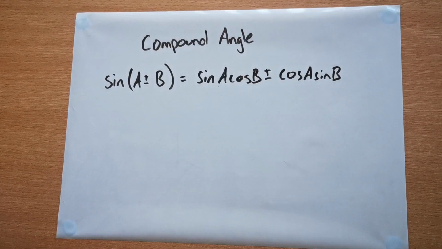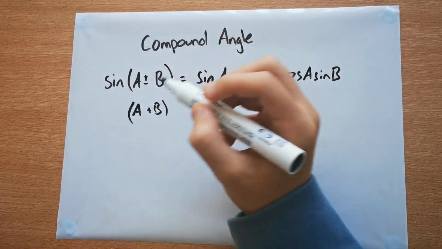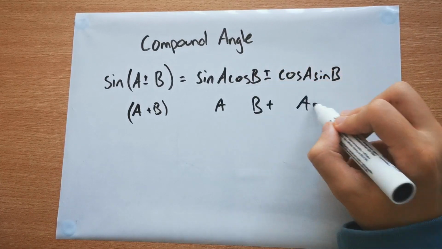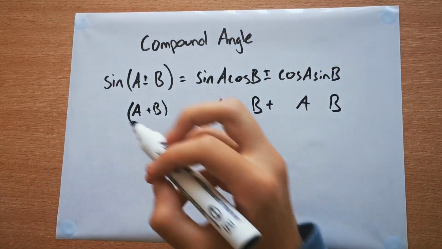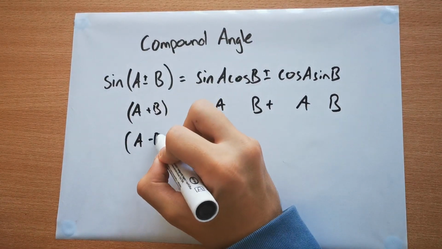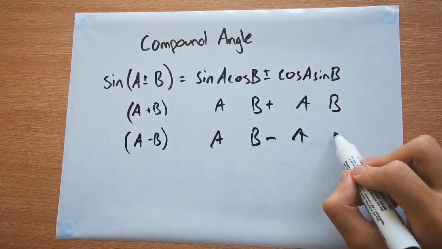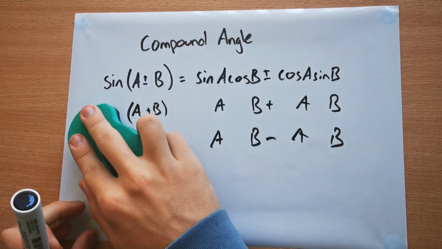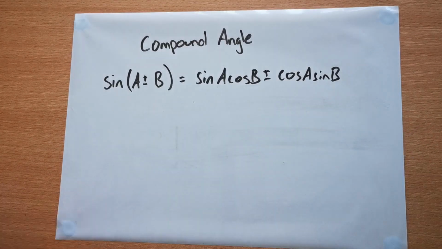If it is sine A plus B, so I'll just write this plus B, then it's going to be AB plus AB. I'm just writing in those instead of writing in the sine and cos every time. If it is A minus B, that means it's going to be AB minus AB. So that is what the plus and minus are for in this. So if it's a plus, it's a plus. If it's a minus, it is a minus.